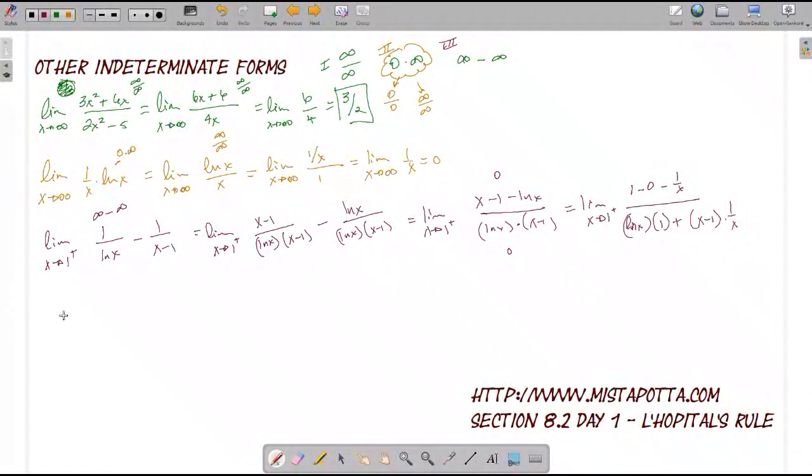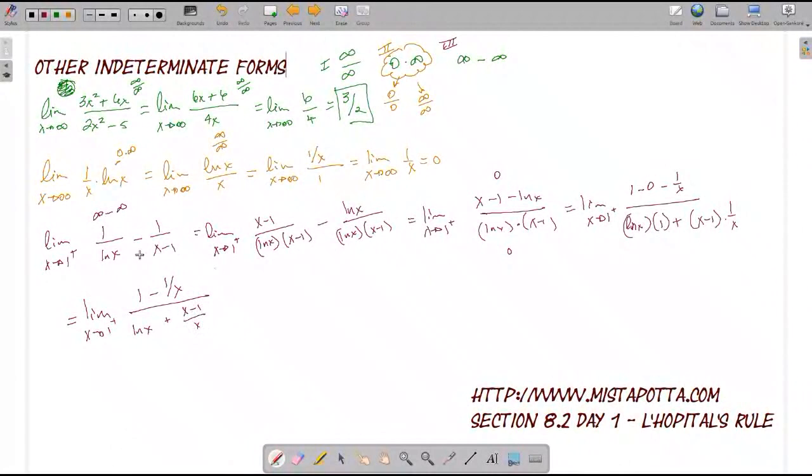So what I've actually got here is the limit as x approaches 1 from the positive side of 1 minus 1 over x over natural log x plus x minus 1 over x.